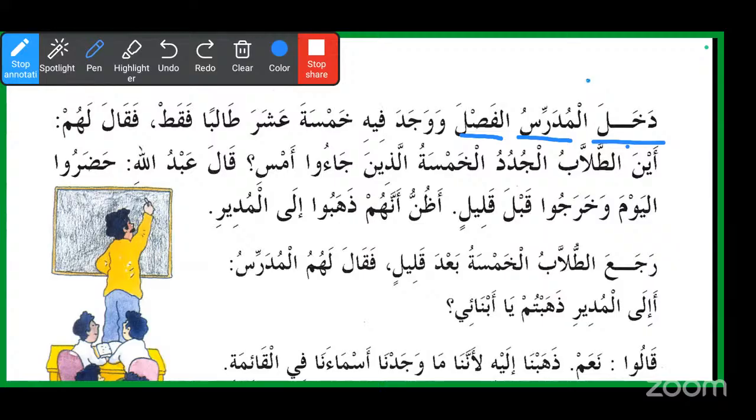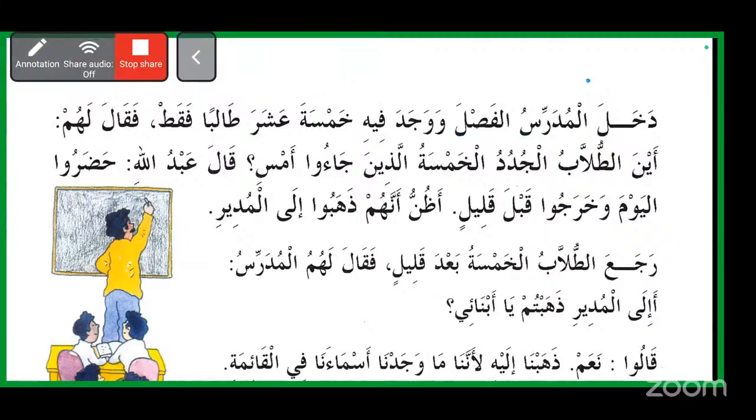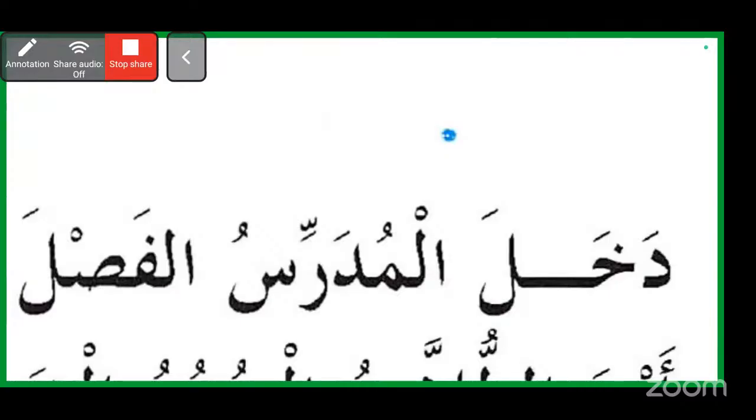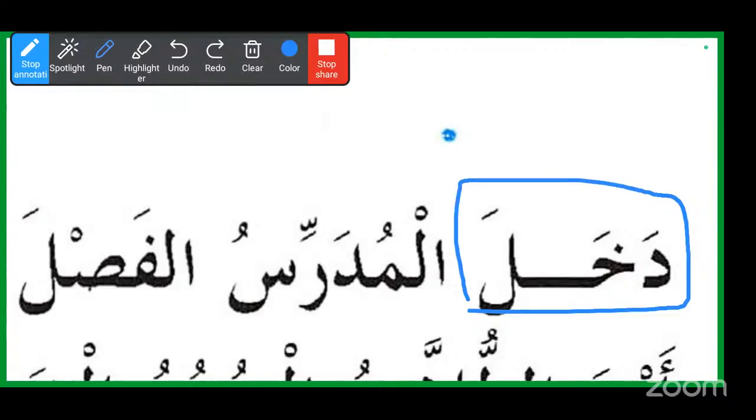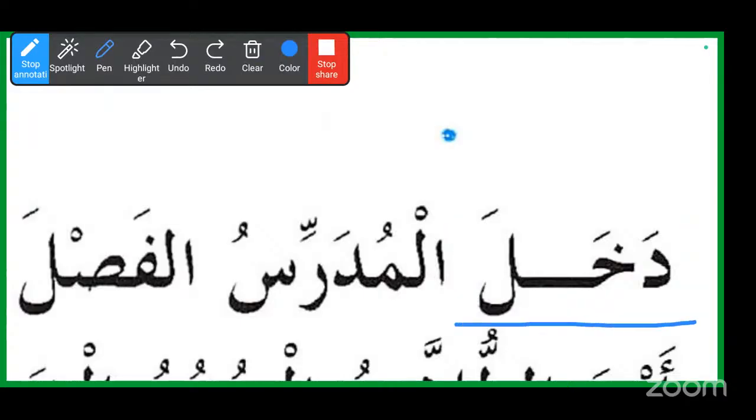Now, here we should explain this in a little bit of detail so things get crystal clear from the beginning of this lesson. Whenever you have jumlatul fi'liya, a sentence that starts with a fi'l, this is in Arabic.